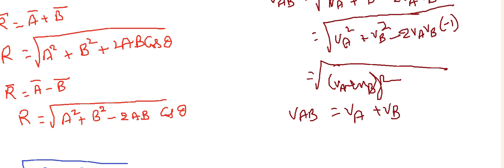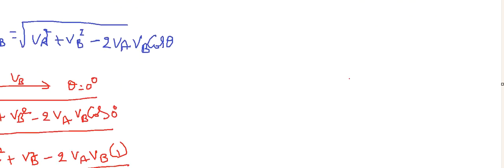So when the objects are approaching each other or moving in the opposite direction, the relative velocity is given by VA plus VB. Now let us consider the third case: moving perpendicular to each other.